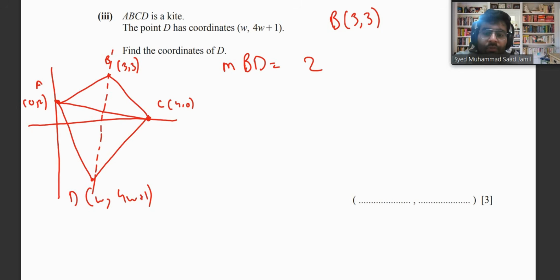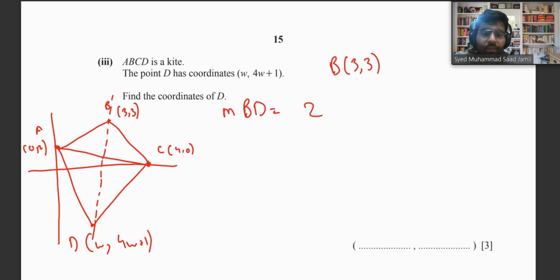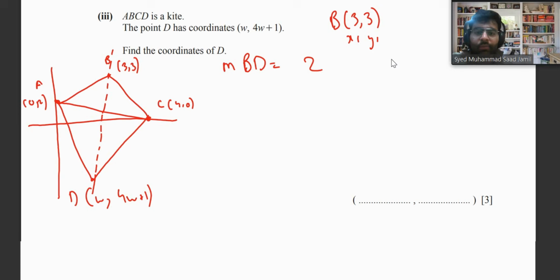What are the coordinates of D? D is, let me write it over here, W comma 4W plus 1. So this is x1 y1 x2 y2. Formula for gradient is y2 minus y1 upon x2 minus x1. All of this is equals to 2.